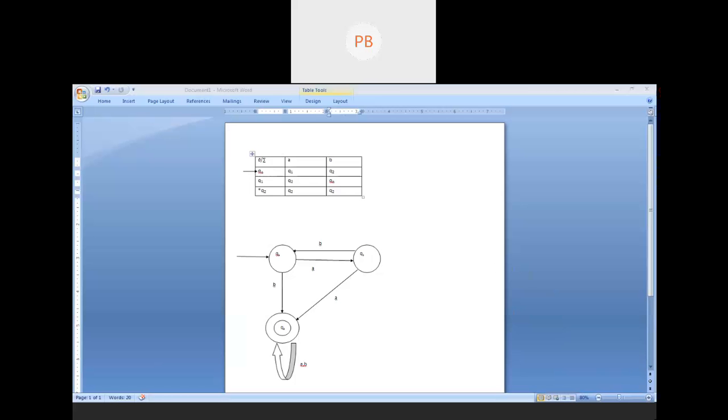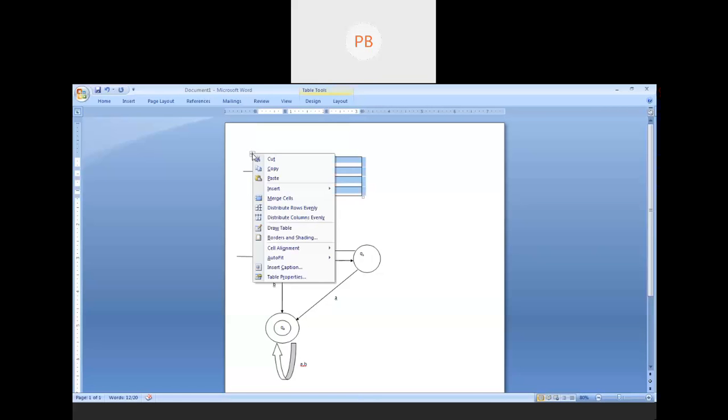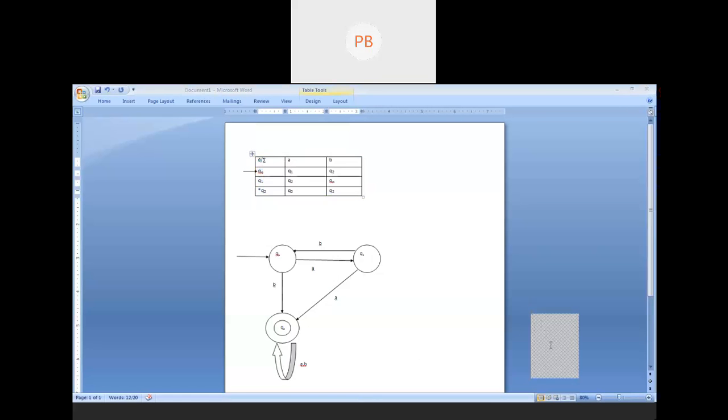Write like this, and after that you have to draw this table. Okay, this is all about representing the DFA.